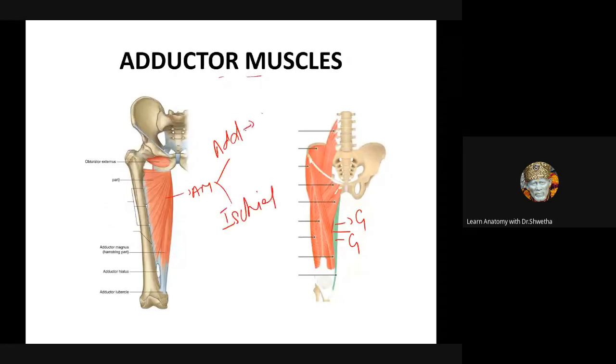Now, the adductor component is supplied by which nerve, students? Obturator nerve. And the ischial component, you tell me, is supplied by what? It is supplied by the tibial nerve. So that is why adductor magnus is supplied by the tibial nerve as well as the obturator nerve. That is why it is a hybrid muscle.